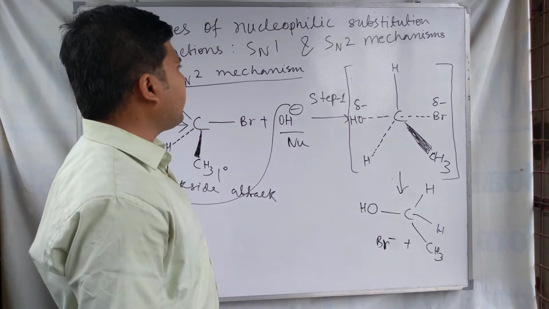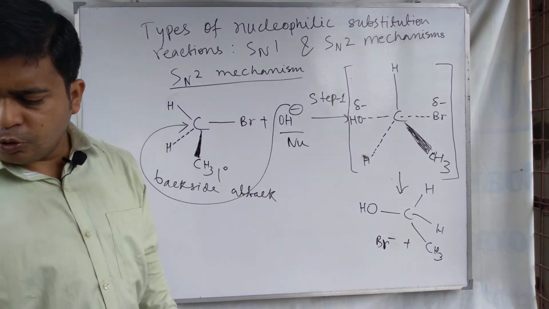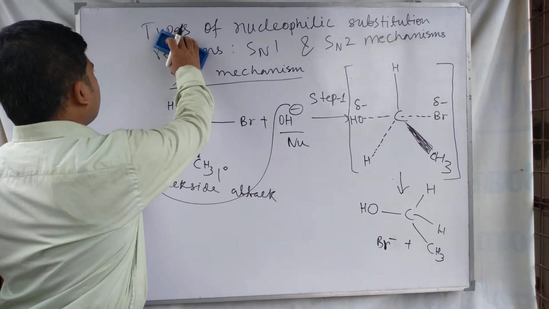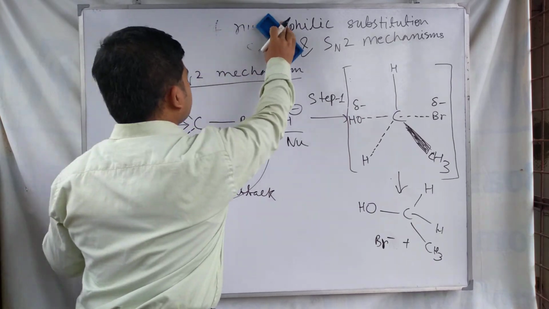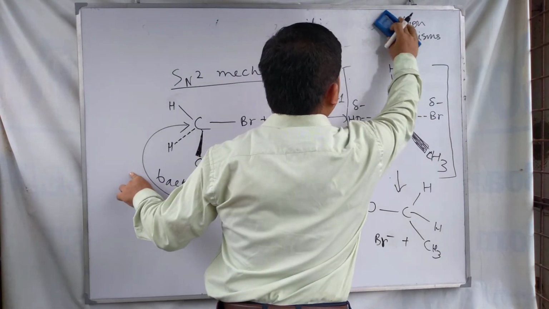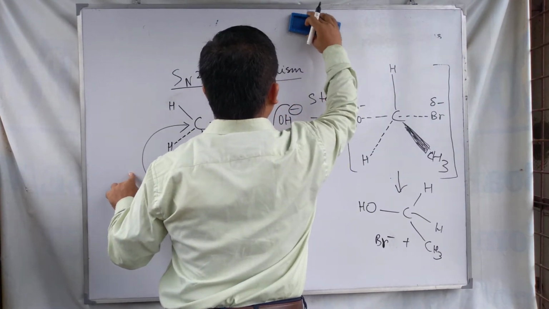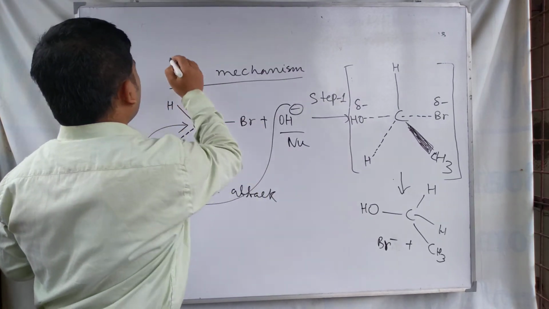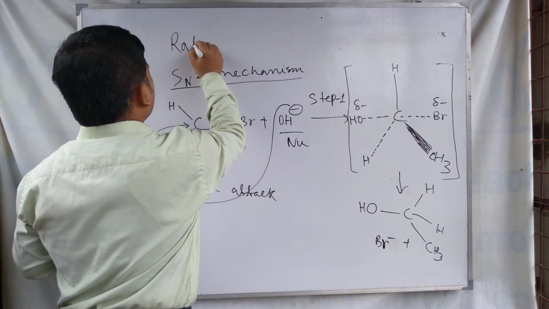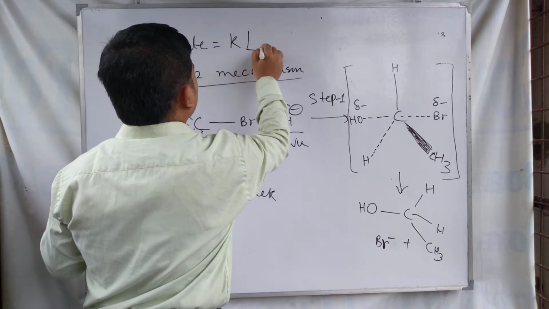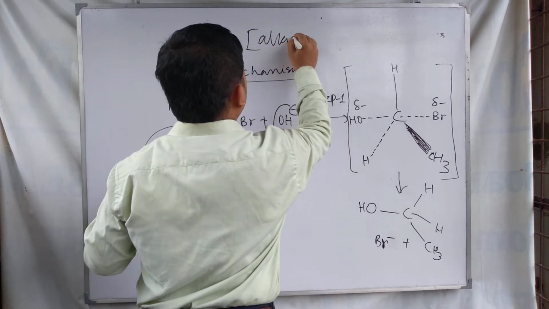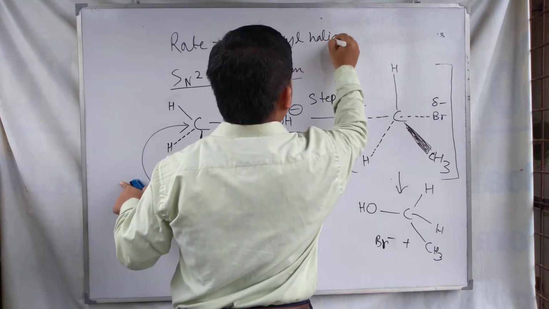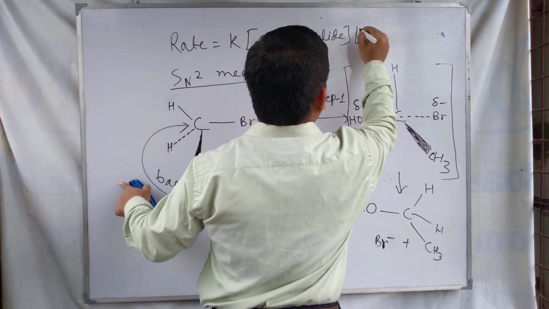So this is called the mechanism of the SN2 reaction, and this is a one step process. The rate equation for this reaction is rate equal to K into alkyl halide and OH minus.